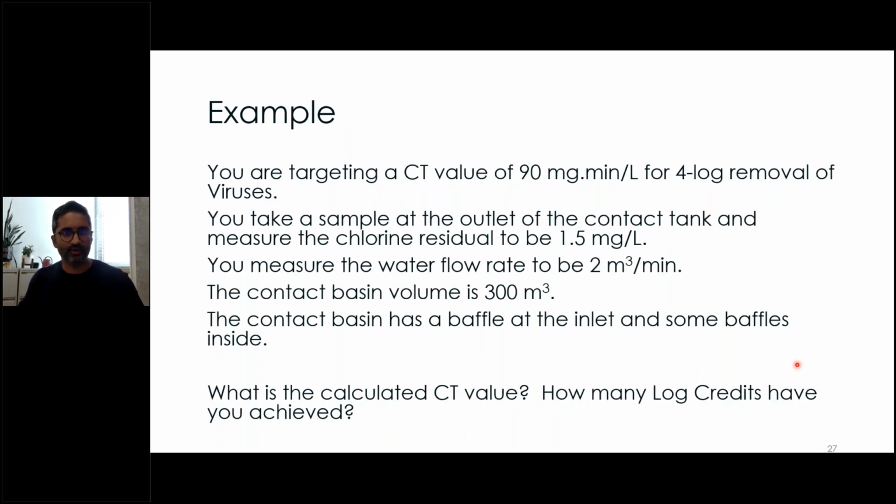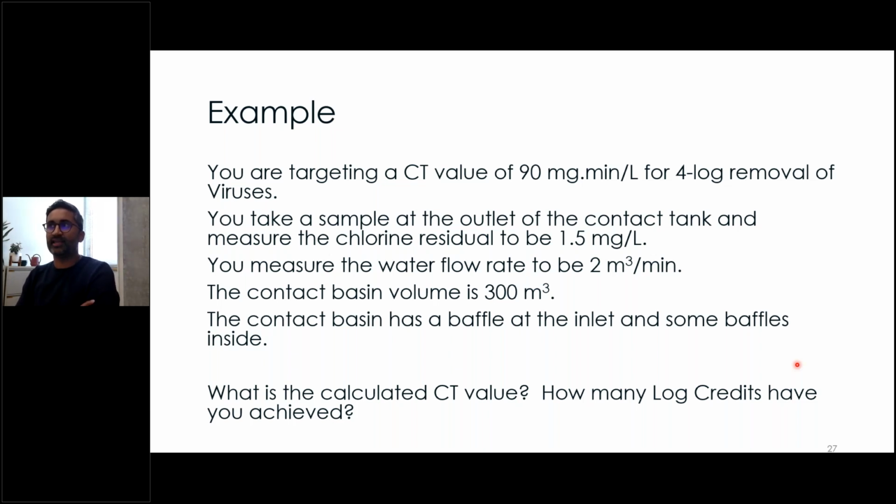Okay, so let's put everything together into one example and see if we can calculate CT and calculate the log credits needed. Okay, so let's say you're targeting a CT value of 90 milligram minutes per liter. So that's the CT that you want in order to get 4 log removal for viruses.